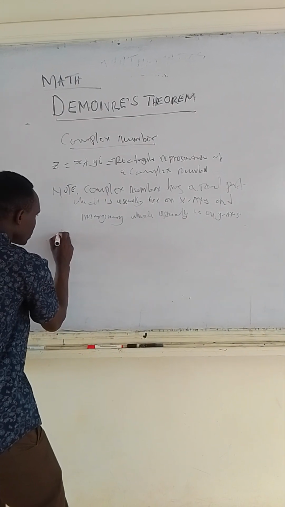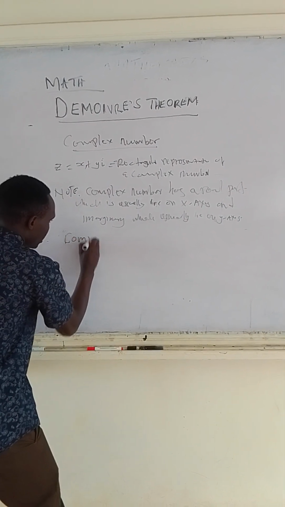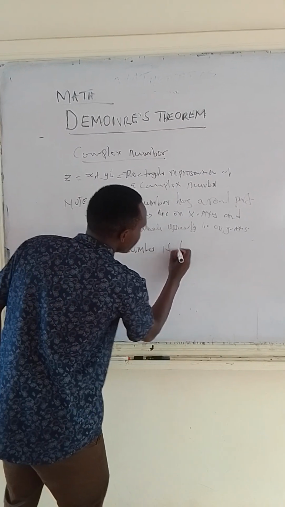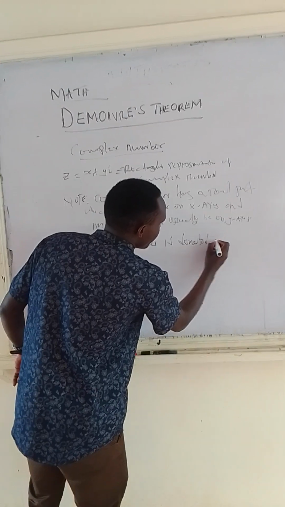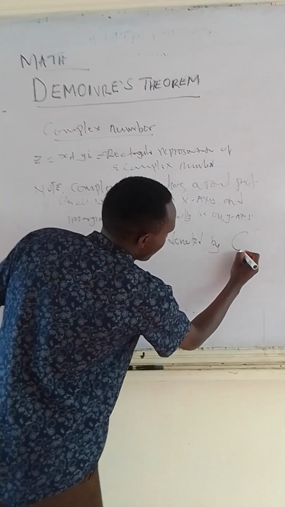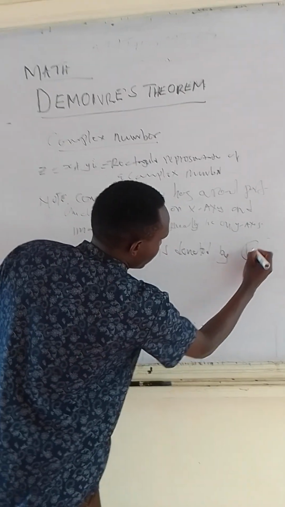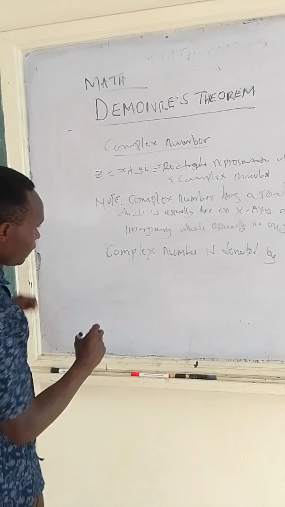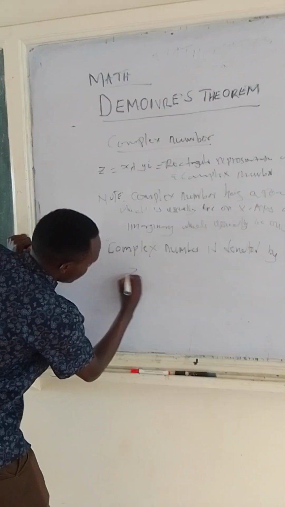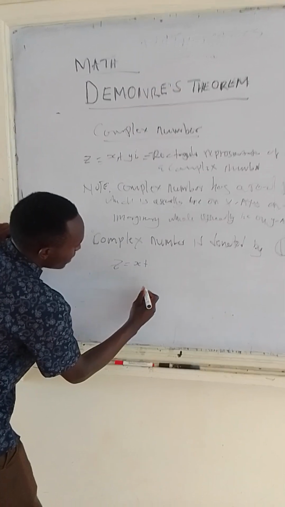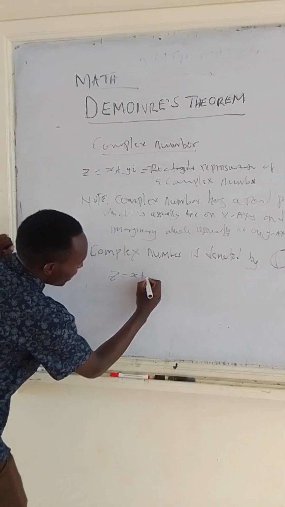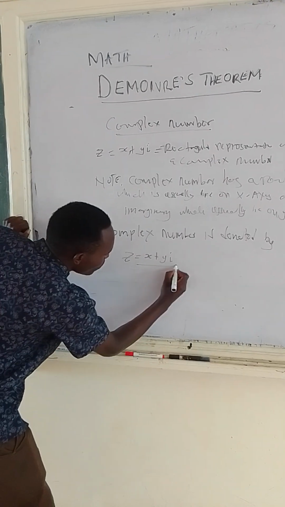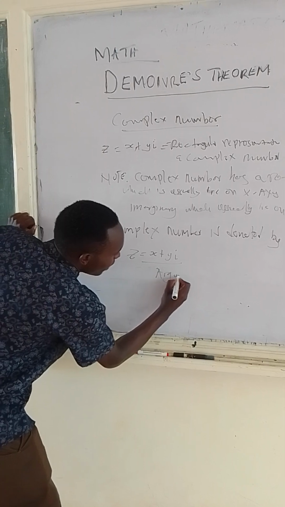We can also say that a complex number is denoted by z equal to x plus yi, so we can represent this on an Argand diagram.